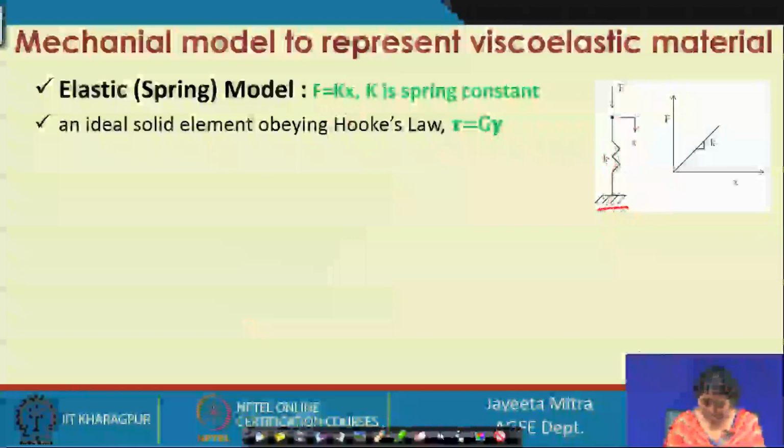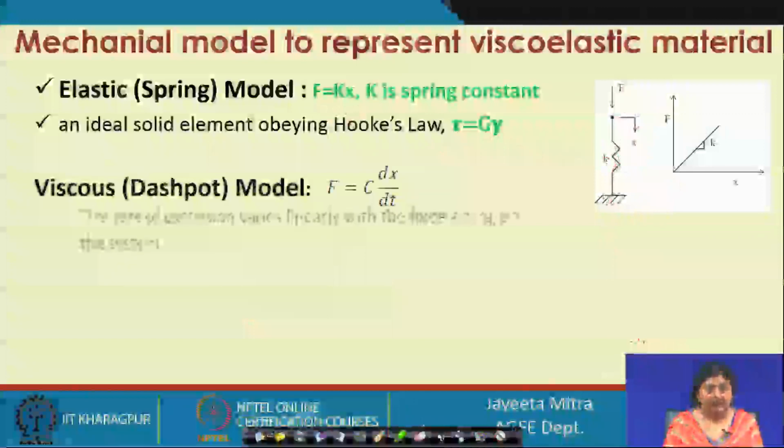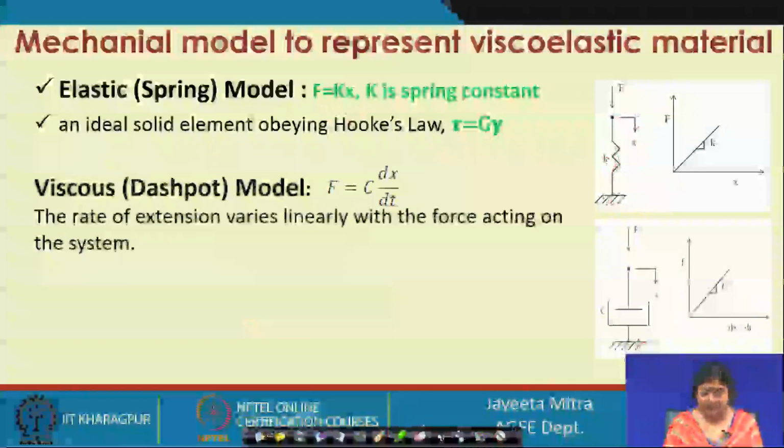Now, the viscous property. The viscous property is explained by a dashpot. In the case of a dashpot, when a force is applied on it, it tries to move, tries to flow, and dissipates that energy.